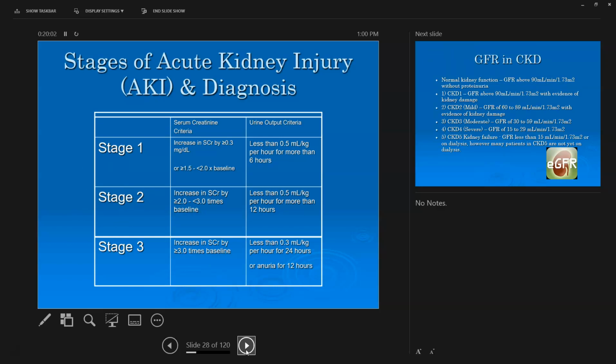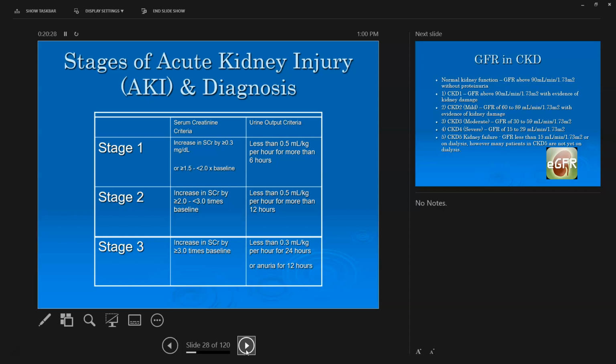So the stages of acute kidney injury, again, is probably more information than you really need to know. Stage 1, stage 2, the guidelines define it according to how much their creatinine increased and how much urine they've been making. But as long as you know that if it increases by 0.3, whether it's within normal or abnormal limits, it's criteria for acute kidney injury.